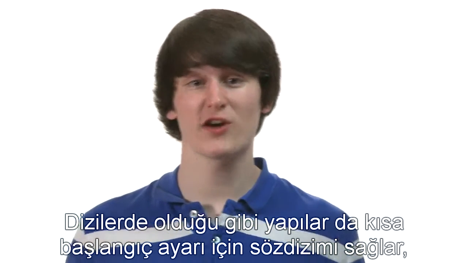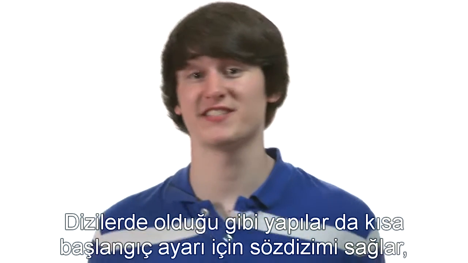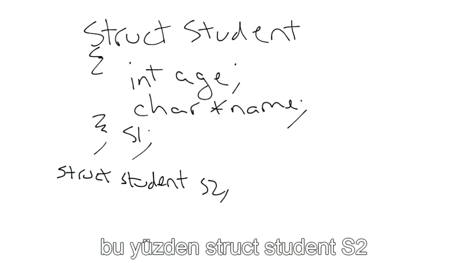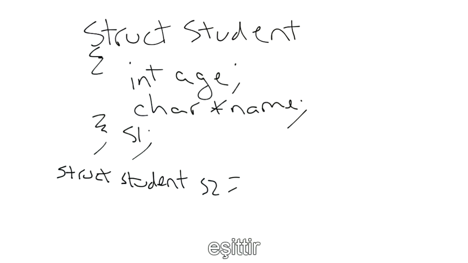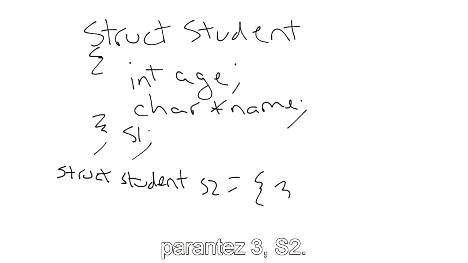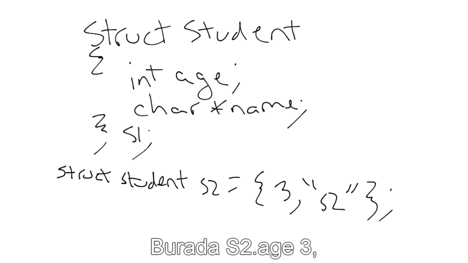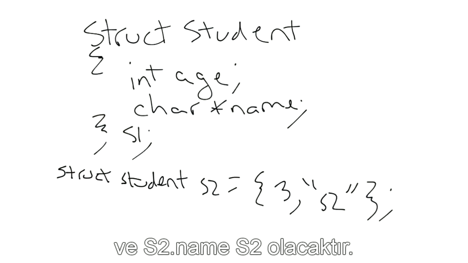Like arrays, structs provide a shortcut initialization syntax. So we can say struct student S2 equals left curly brace 3, comma "S2". Here, S2.age will be 3, and S2.name will point to "S2".